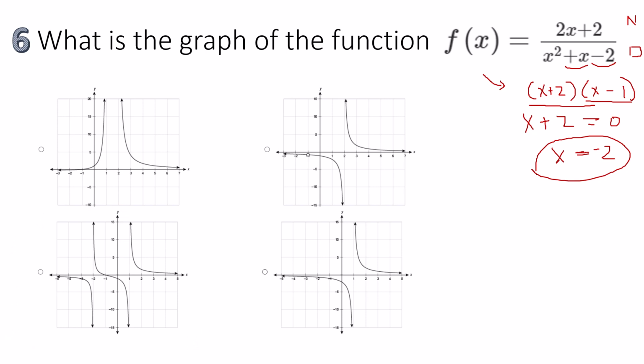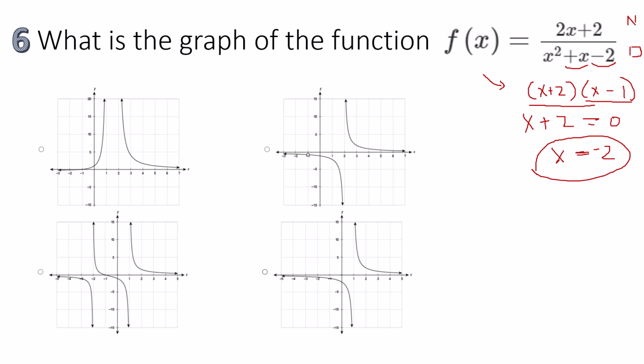Also, we can substitute in 0 and solve for the y-intercept. It gives us more information as we're looking for our graph. We don't really have to because we've eliminated the other three. Let me get my pen out so I can write that down and don't forget.